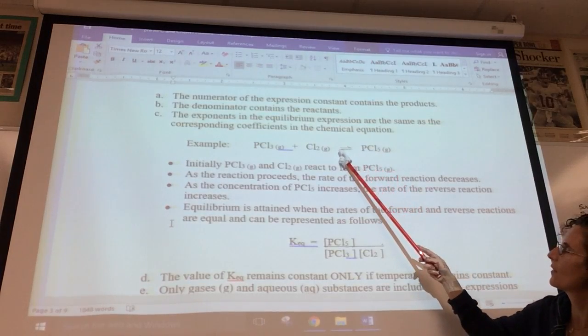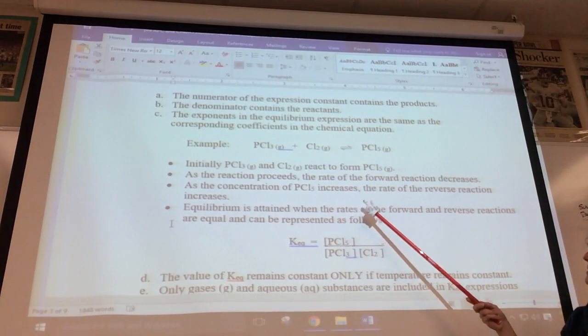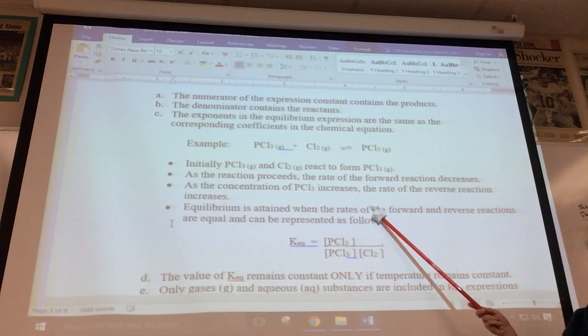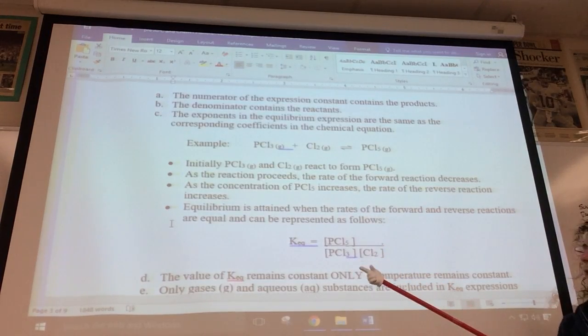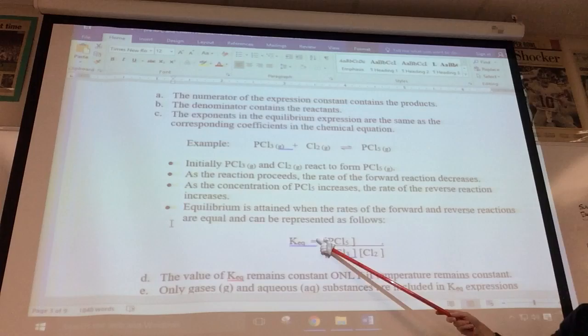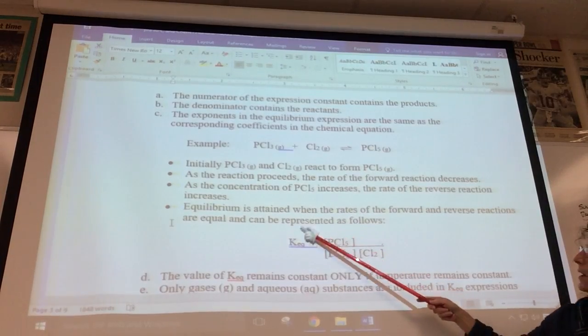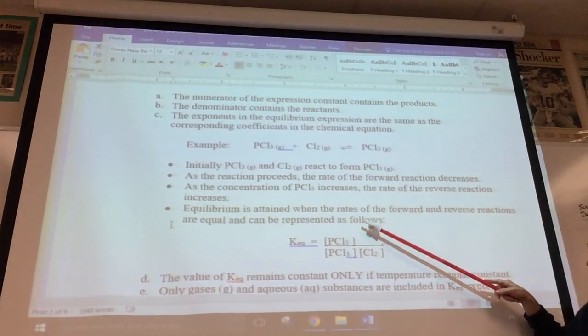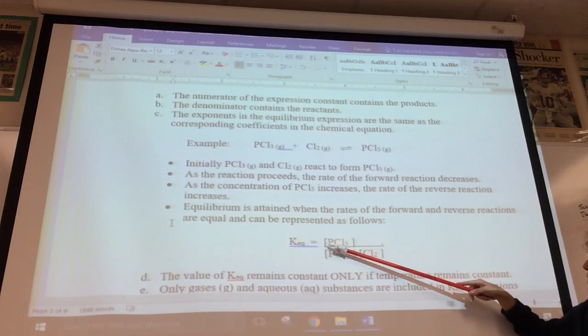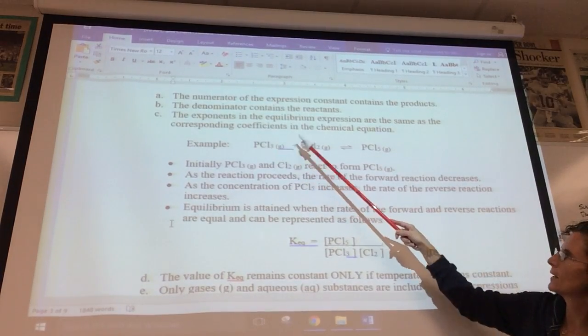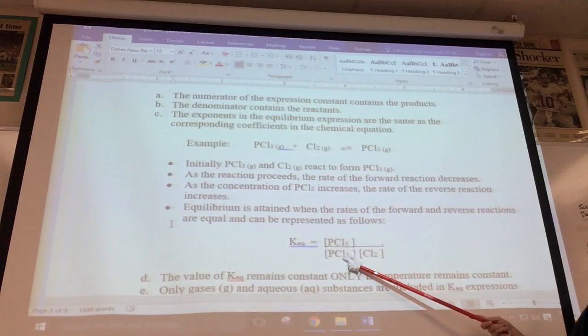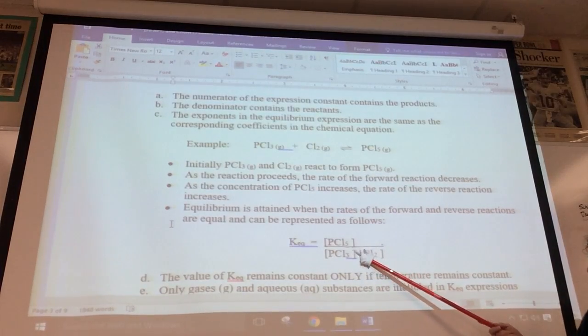So initially this will increase until equilibrium is established, where the rates of the forward and reverse reactions are equal. Your KEQ expression then is product concentration over reactant concentrations, and you multiply those.